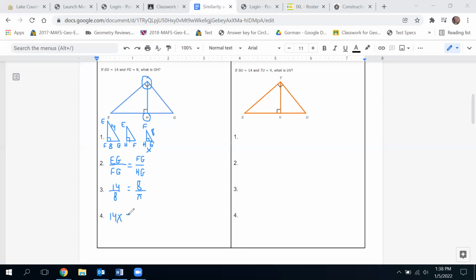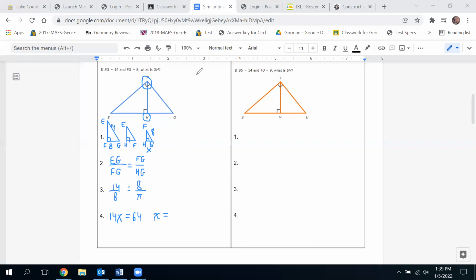And 8 times 8 equals 64. Okay, then we would divide both sides by 14, and we would get x equals 64 divided by 14, and we'll round that to the nearest hundredths place. You can divide 64 by 14 using your FSA calculator on Google Classroom.